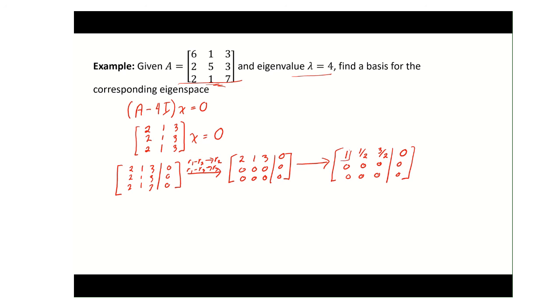So now we only have one leading entry, so we have 2 free variables. What does that mean for us? Well, we write down the equations. If I write down the equations for that matrix, I get x1 plus 1 half x2 plus 3 over 2 x3 equals 0. x2 is a free variable, x3 is a free variable.